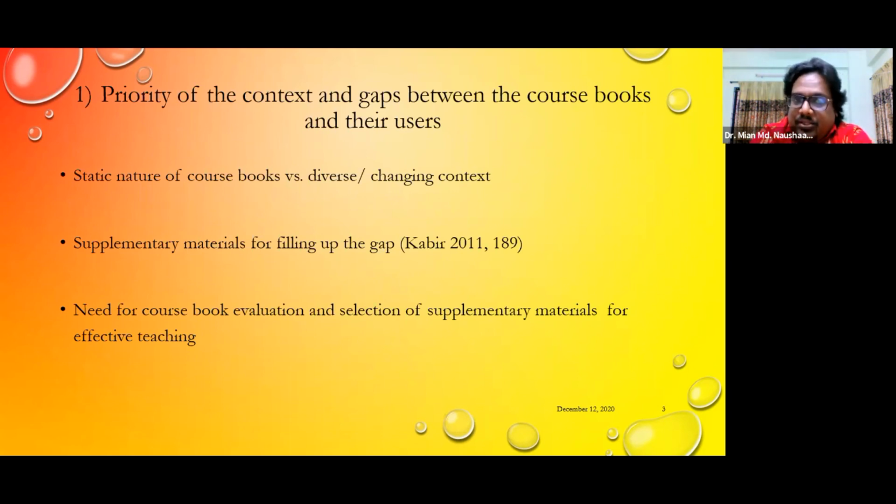The needs analysis, the research into the learners' background, their needs, the requirements of the context, all these things are captured much before time. If we want to introduce a course book in 2021, the research is supposed to begin at least 1 year before. So the data is at least 1 year old, and in some cases it can be as old as 5 years or more.